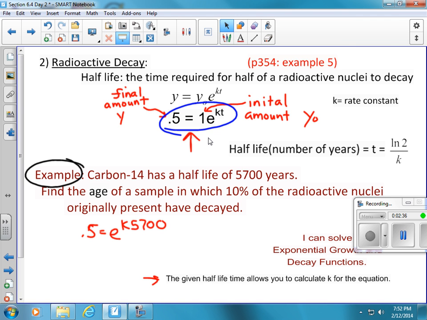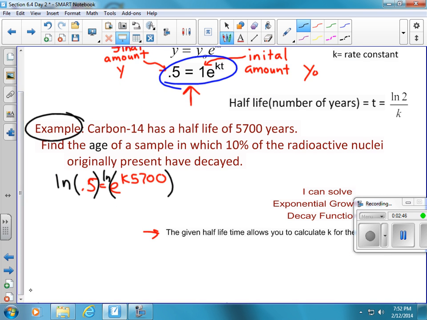All right, so we know how to take the ln of both sides, true? So ln of 0.5, and ln of e to the blah, blah, blah is just equal to the blah, blah, blah, which is k times 5,700, because those cancel each other out, equals ln 0.5.